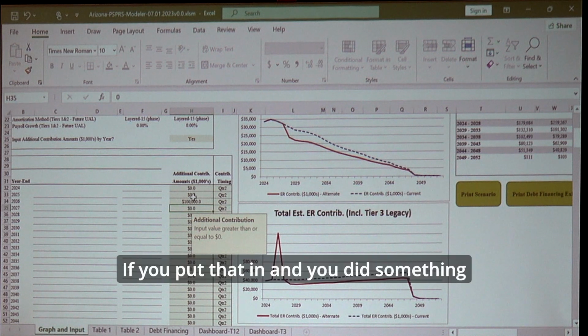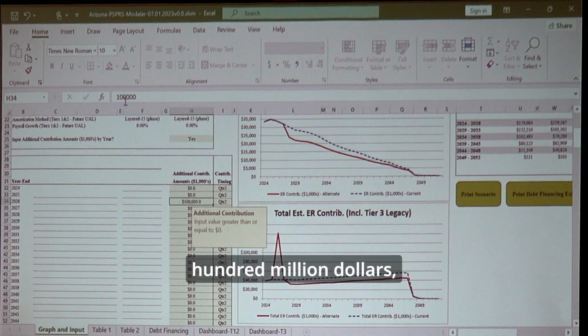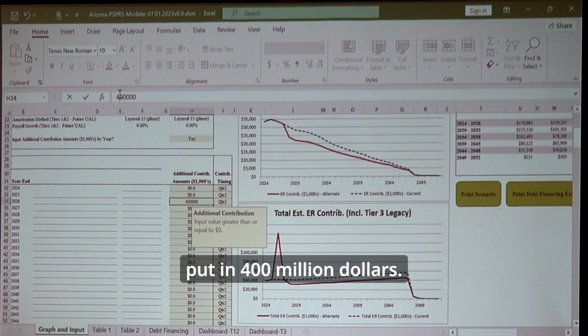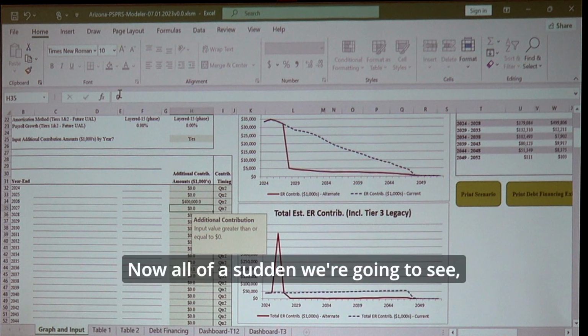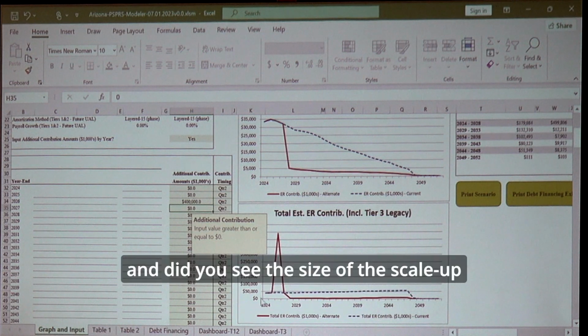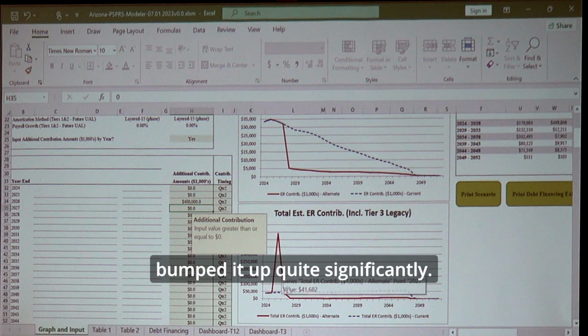If you put in a lot more, say $200 million, or well, get a little bit more wild and crazy, put in $400 million. Now all of a sudden you're going to see that, relatively speaking, and did you see the size of the scale had to change on the graph because you bumped it up quite significantly.